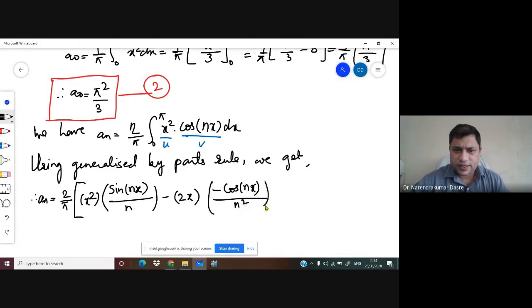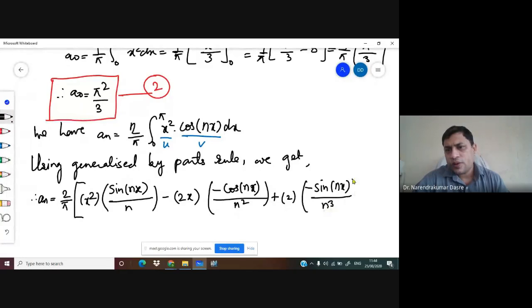Then plus the derivative of this term is going to be 2 and the integration of this term, minus sine of nx upon n cube, and the limit is 0 to pi.